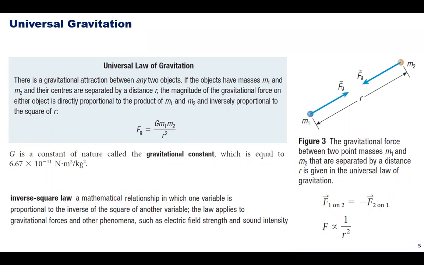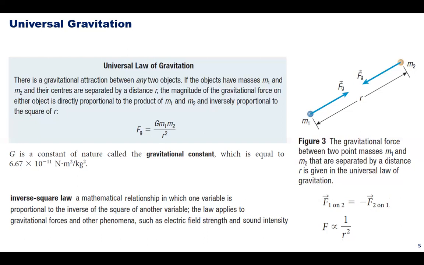Sir Isaac Newton, whose laws of motion provide the foundation of our study of mechanics, used known data about the solar system to describe a system of physical laws that govern the movement of celestial bodies around the sun. Through this inquiry, he formulated the universal law of gravitation, which states that there is a gravitational attraction between any two objects.